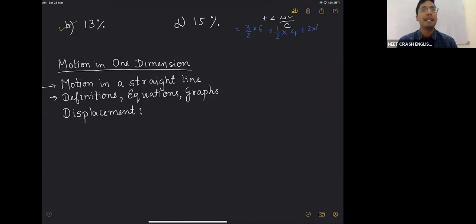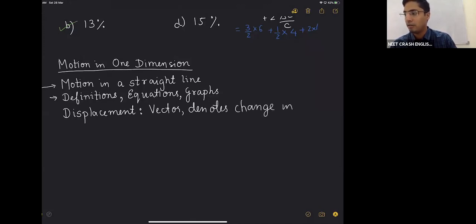Displacement is basically the change of position of an object when it undergoes motion, right? So this is a vector quantity, which denotes change in position.